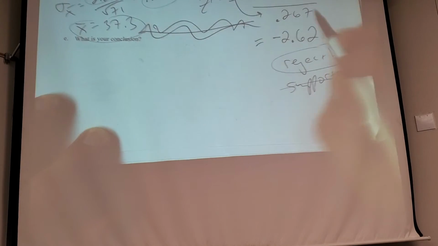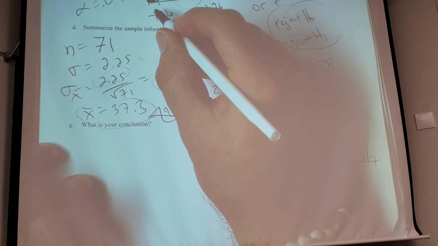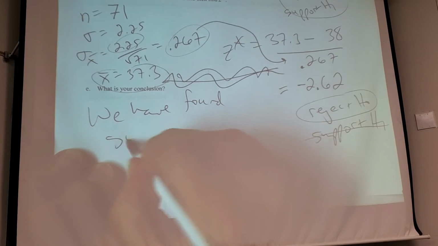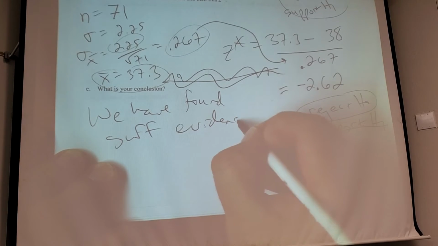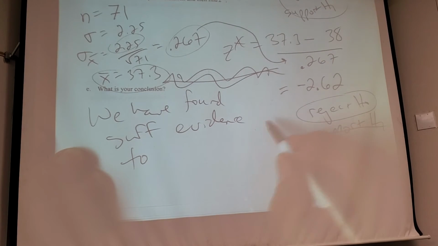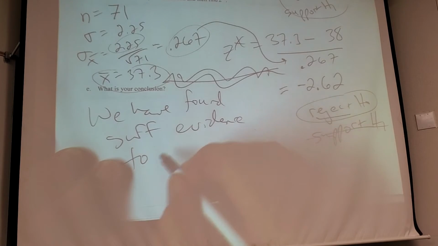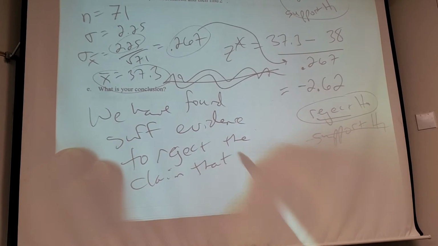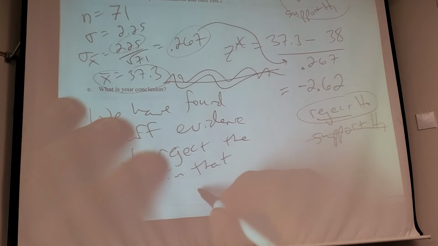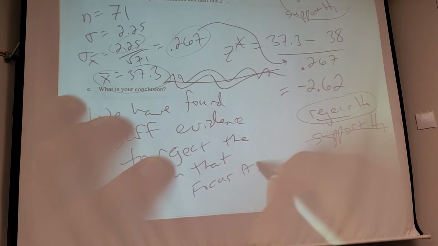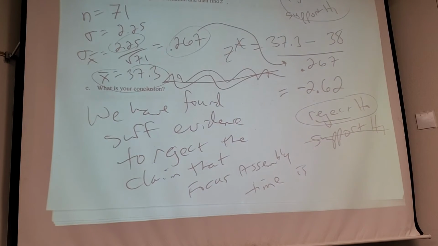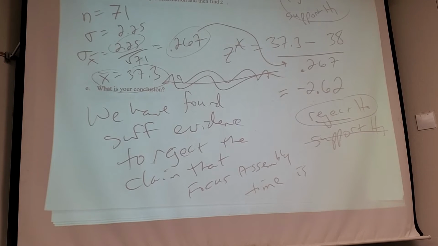So I'm going to say this. So did we make it? Yes. So we have found sufficient evidence to reject the claim that the focused assembly time is... what was the claim?